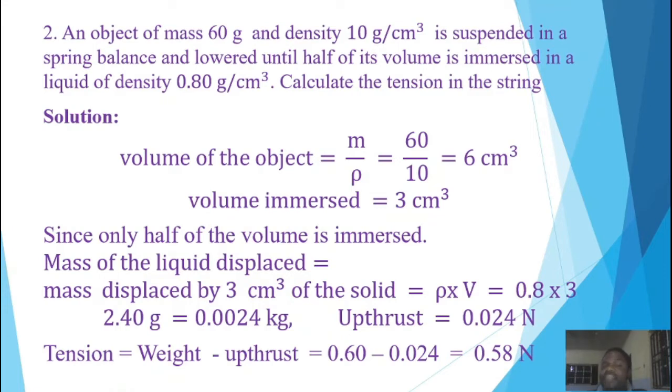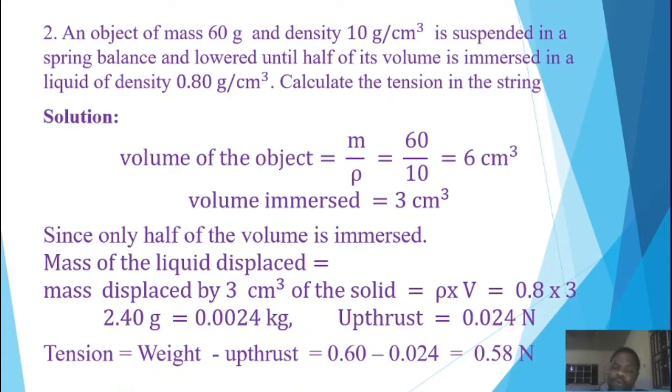So here, the object is partially immersed in the liquid. It's not completely. They say it is lowered until half of its volume. So what we need to do is find the volume that is submerged. Let's first of all find the volume of the object.